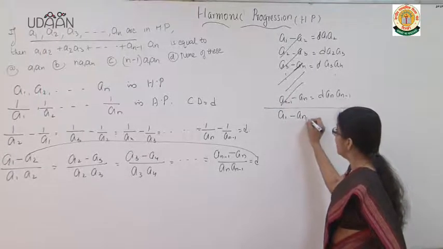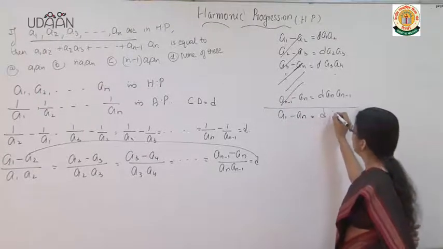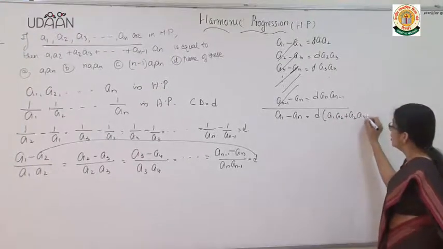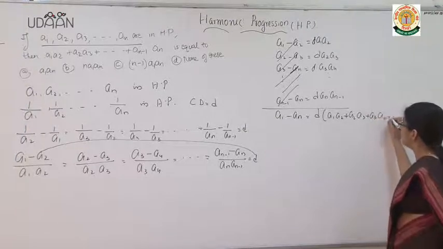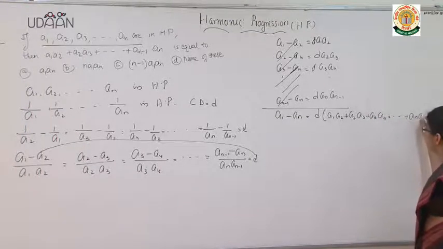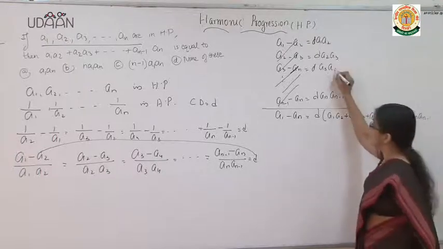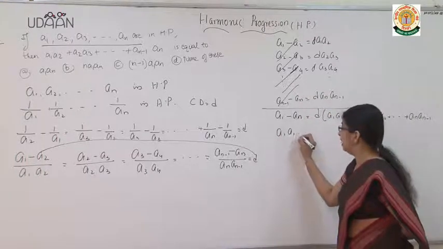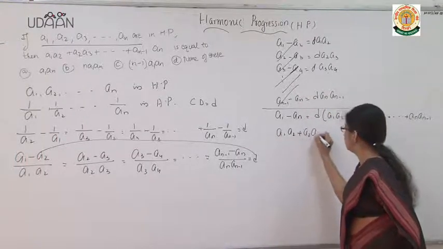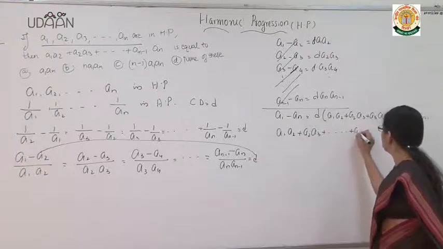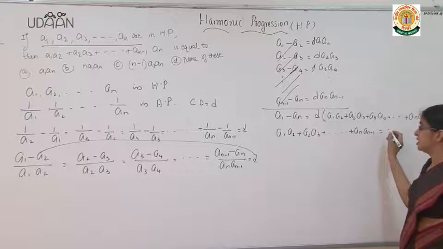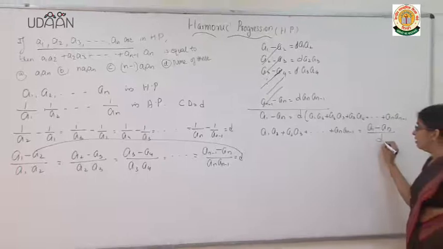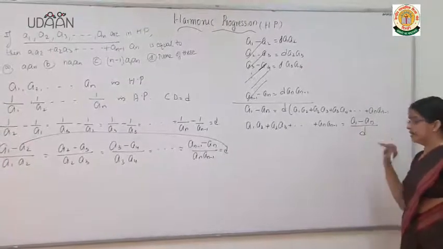A1 minus An equals D times A1 A2 plus A2 A3 plus A3 A4 plus etc. plus An minus 1 An. What is the value of A1 A2 plus A2 A3 plus etc. An minus 1 An from this equation? A1 minus An divided by D.